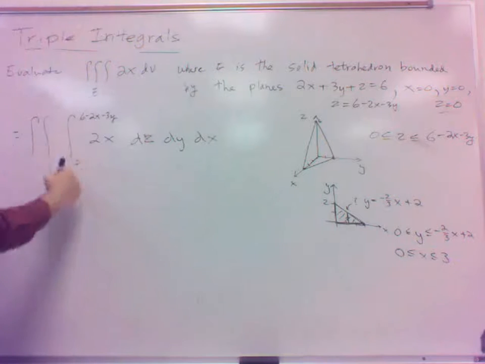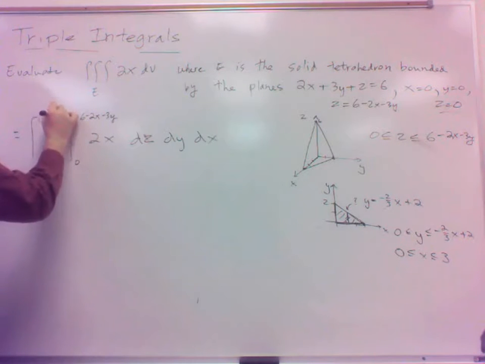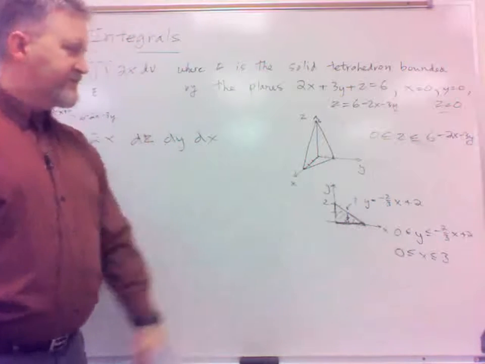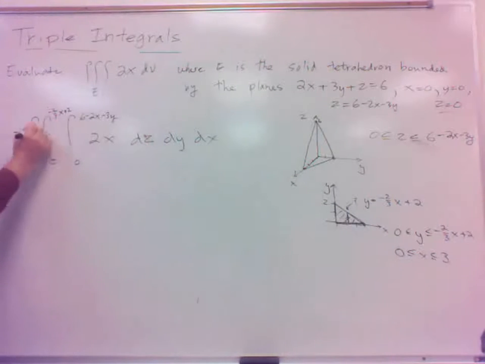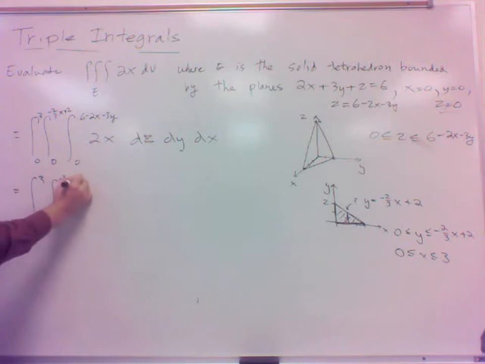So the y's go from 0 to negative 2/3 x plus 2, and then our x's go from 0 to 3. So that's our setup.